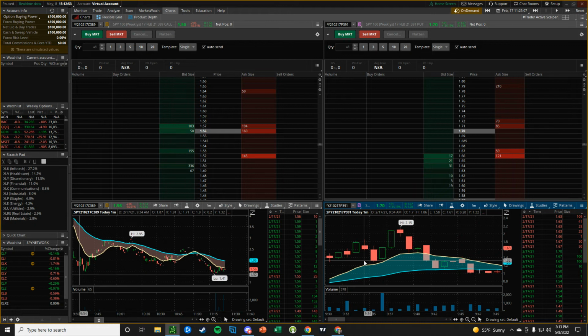Probably wouldn't have gotten a perfect fill on that. No, actually, you know what? We probably would have been pretty darn close to a perfect fill because we were looking at the near-term POC, and that was our entry point. But we won't give ourselves the wick, which is an extra 5 cents. So we'll give ourselves the bottom of the candle at 131.